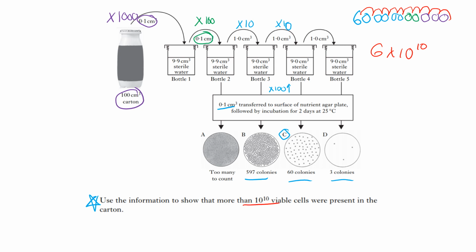If you had done B or D as your colonies, B would have given you 5.97 times 10 to the 10, and D would have given you 3 times 10 to the 10, which again, all of those options are all above 10 to the 10.